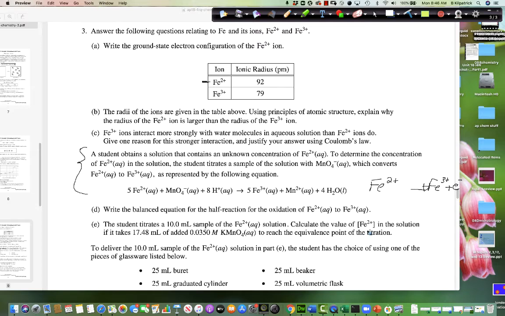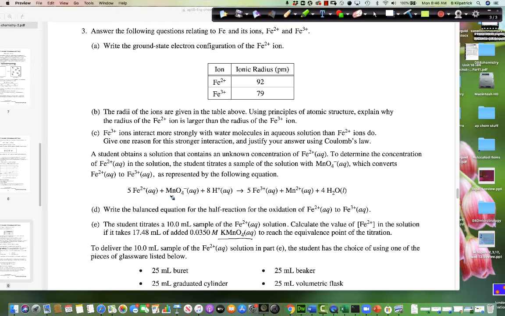Calculate the value of the concentration if it takes 17.48 of this to reach the equivalence point. All right, it's a titration problem. So essentially you need to start with the item that has more information. That would be the potassium permanganate. So when you're looking at this, remember, this is the net ionic reaction.